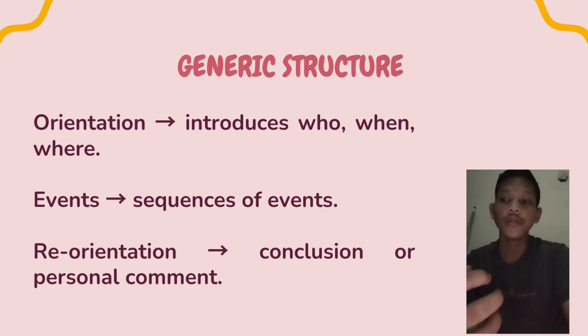We usually use connectives here to make the text correlated, from one paragraph to another paragraph, or one activity into another activity. We can use connectives to make them in order, structurally arranged well.